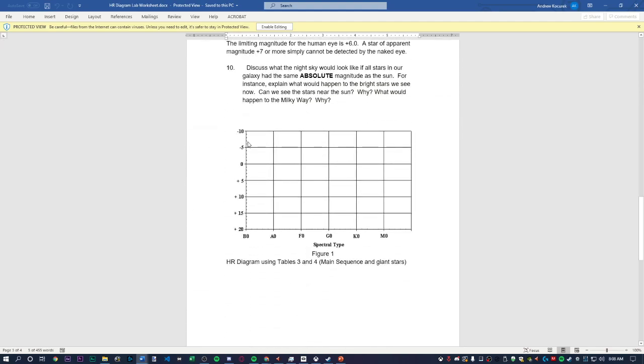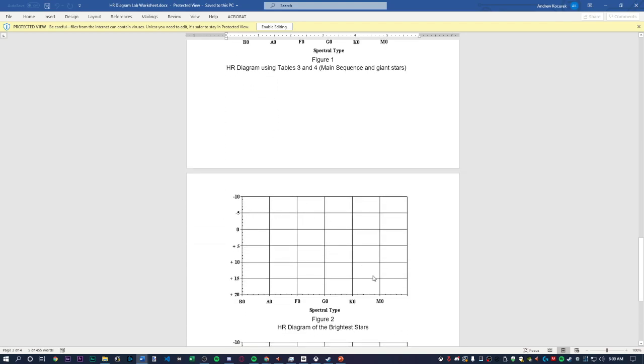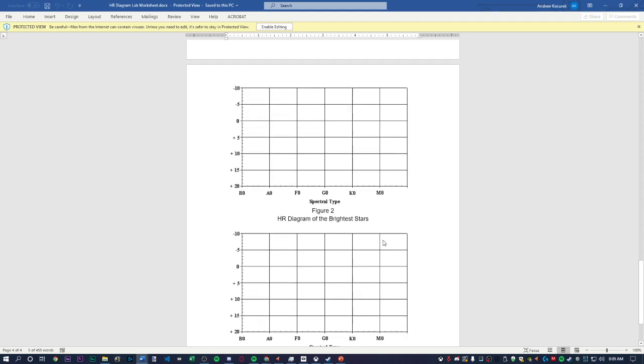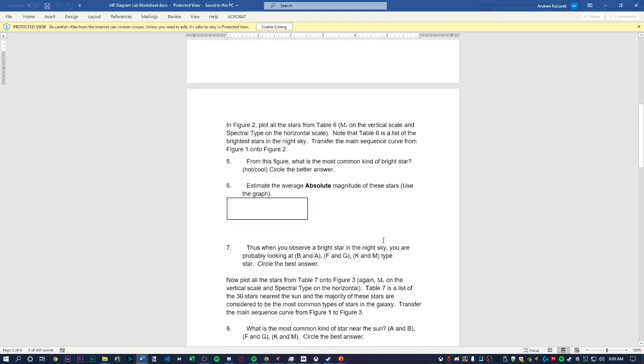So the curve that you drew here, which should go down something like this, you're going to draw on here. It doesn't have to be perfect. It's fine if it's not perfect. Don't worry about it. But just somewhat of a semblance of that smooth curve that you did in the first graph. Now, you're going to answer these questions.